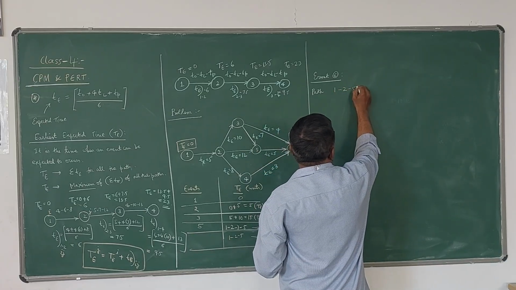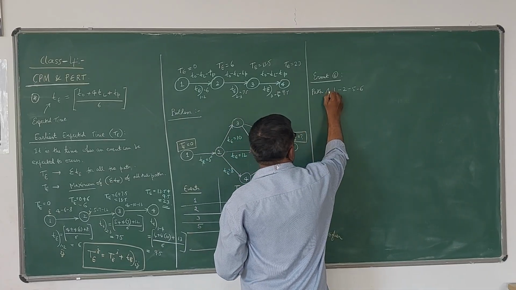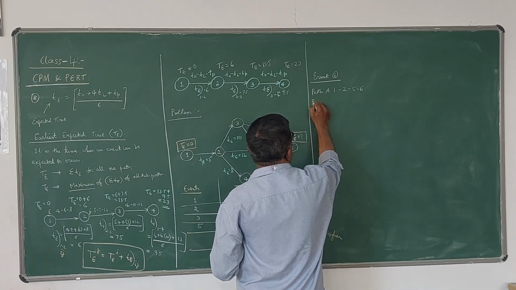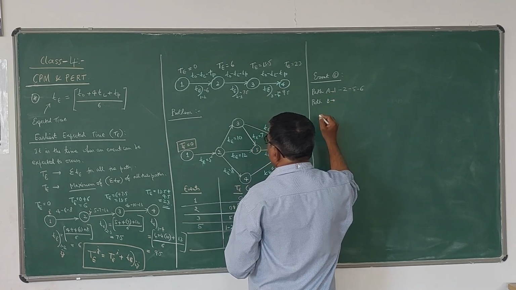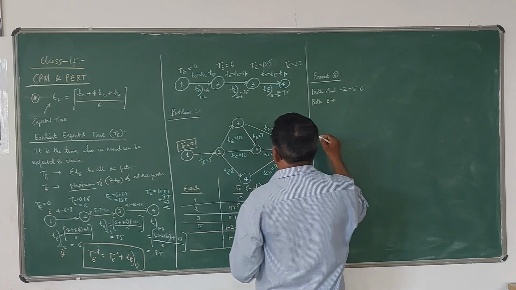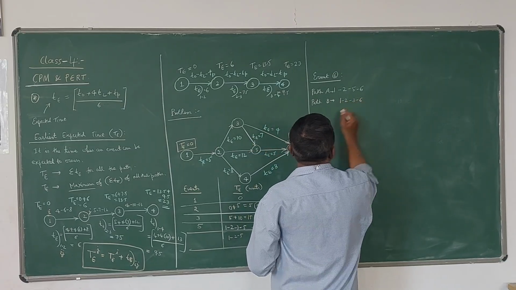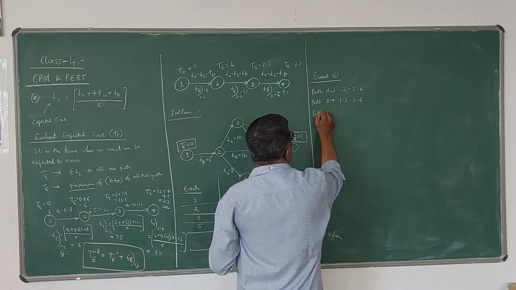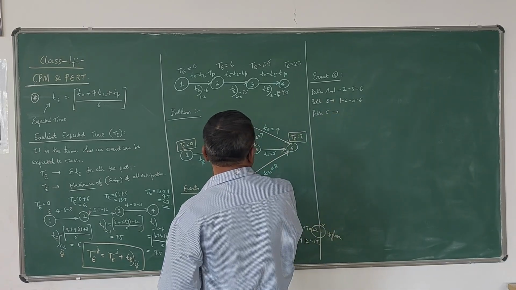Path B is 1, 2, 3, 6. Next, path C is 1, 2, 4, 6.